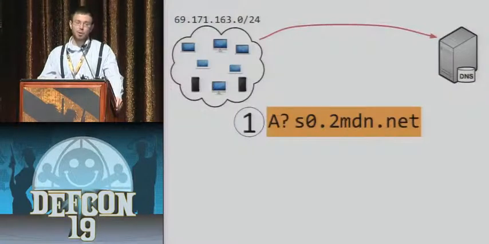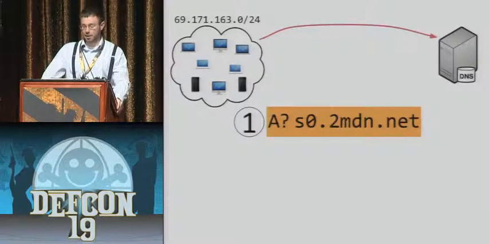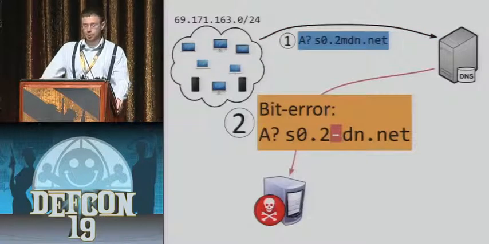You're someone in that /24. You request your ISP to resolve s0.2mdn.net. A bit error occurs somewhere in your ISP's recursive domain server. Instead of requesting s0.2mdn.net, you request to resolve s0.2-dn.net, which I happen to own.